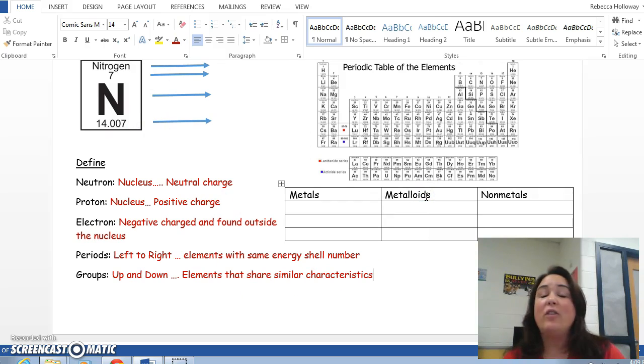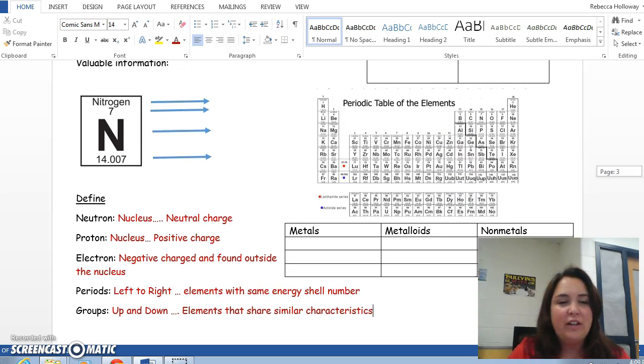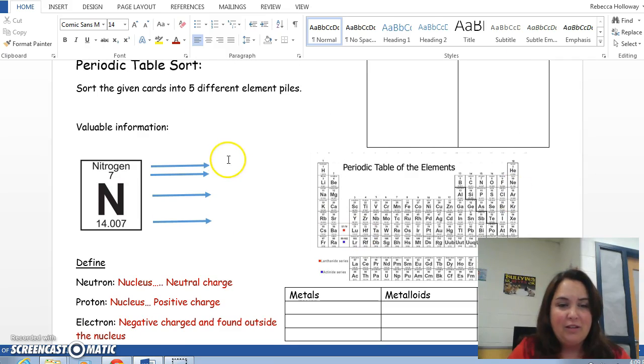So there we go, characteristics. So if I ask you what has a similar characteristic to B, boron, then you'll find it on the periodic table, say there it is, and you could actually choose aluminum or really any of the ones in this category. A similar characteristic would be kind of the same response when you bond them with things.